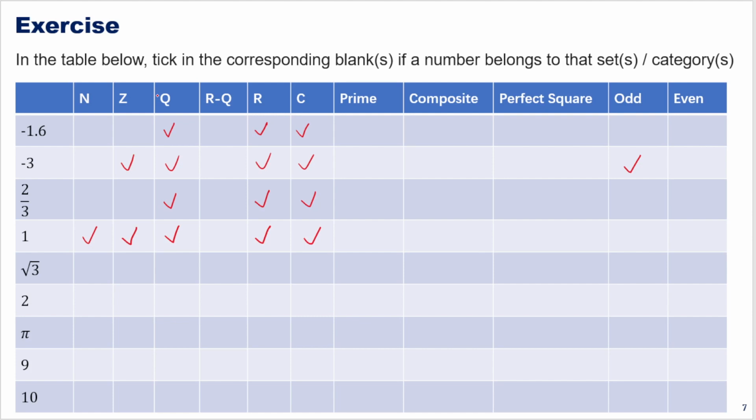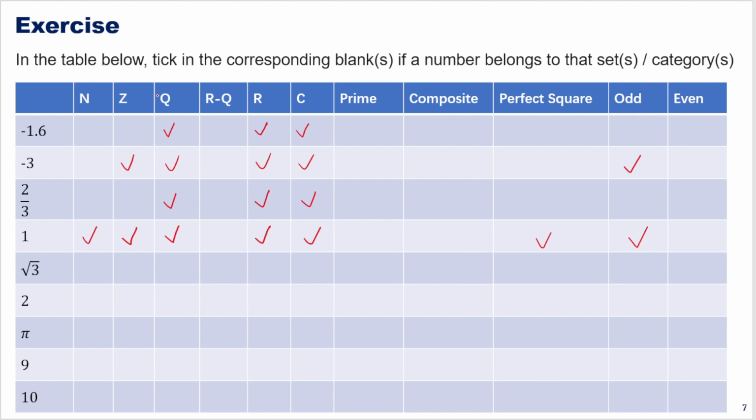Okay, number 1 is neither prime nor composite, right? This is very important. The natural number 1 is neither prime nor composite. You cannot put any ticks here, okay? And 1 equals 1 squared, so it's a perfect square. And it's also an odd number.